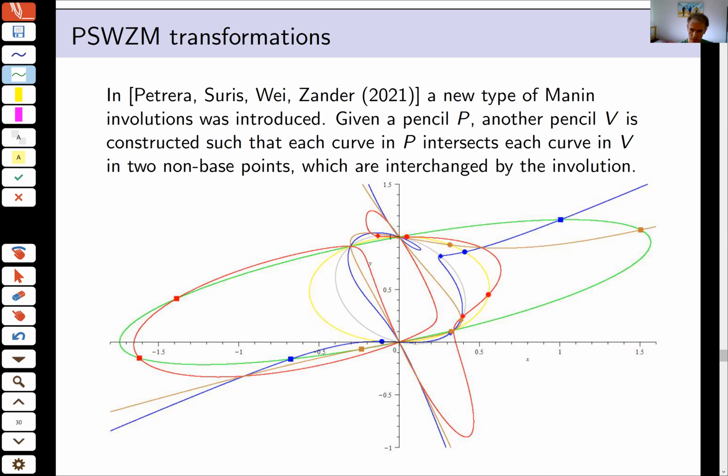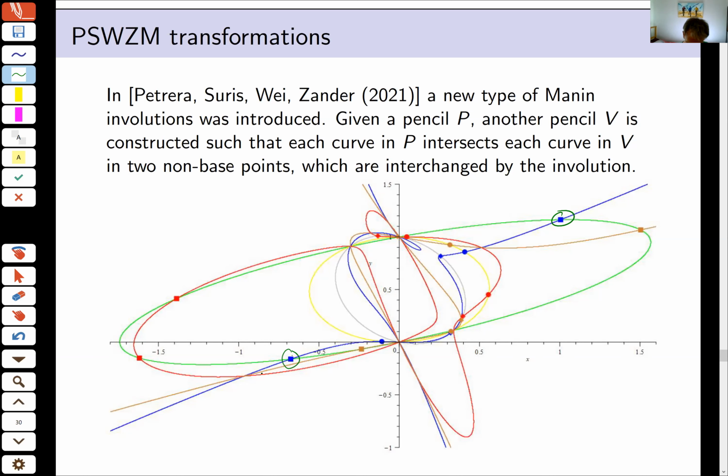And if you take, for example, a point on the blue curve in the quartic pencil, now you can just follow the green line to see where the other intersection of that green line with that blue curve is, and it happens to be here.